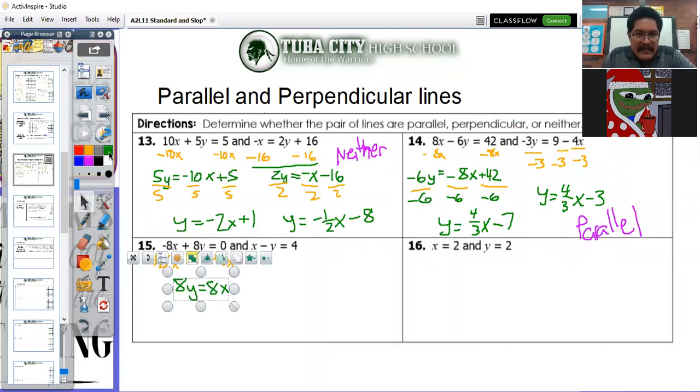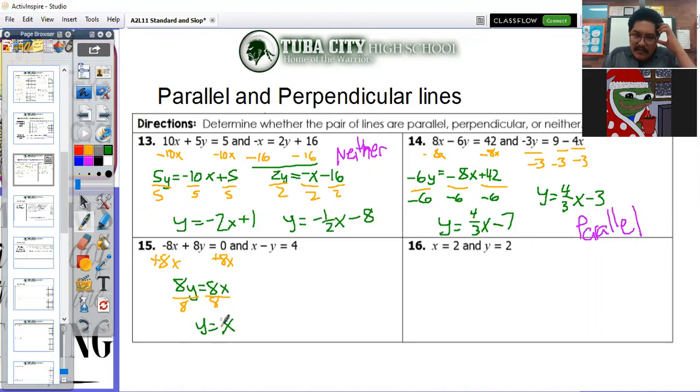Move that up a little bit so I have more space. Divide both sides by 8. So I get y equals x.